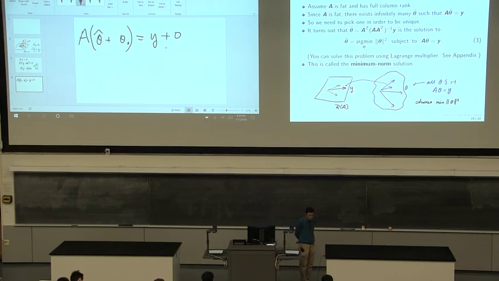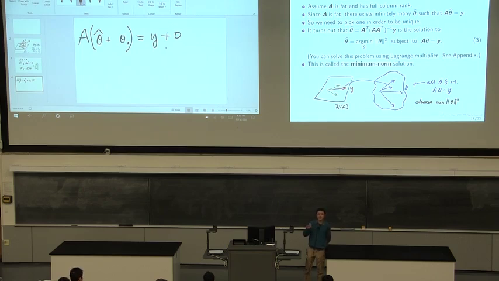If you read the textbook, linear regression is often referred to as least squares. If you read the signal processing textbooks, it's called the least squares. And then there is a thing called the minimum norm least squares. And where does this minimum norm come from? It comes from the fact that if you have a fat matrix, then you have a non-trivial null space.